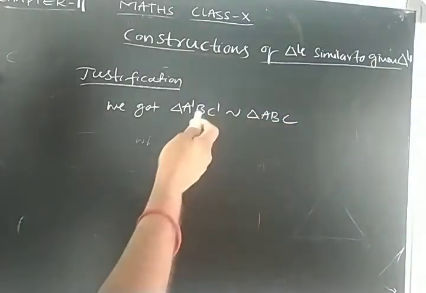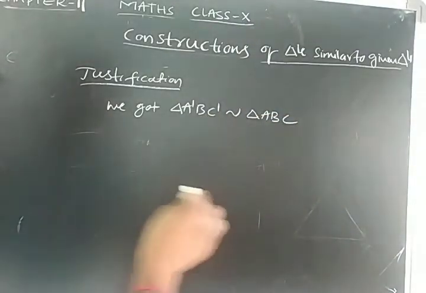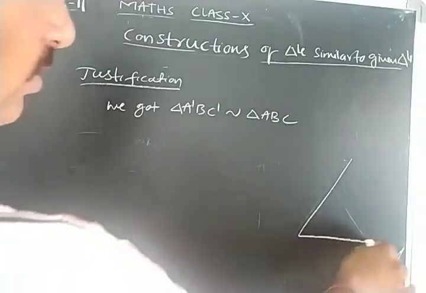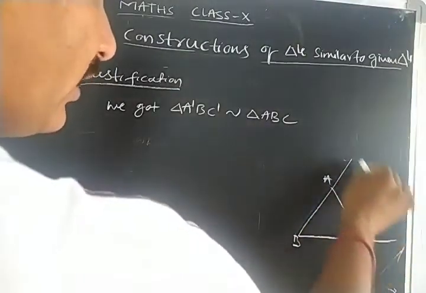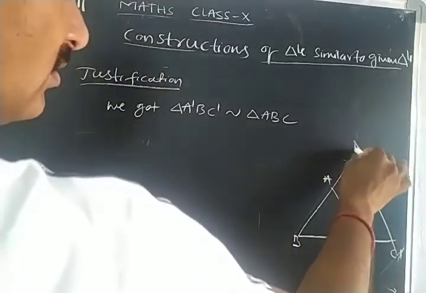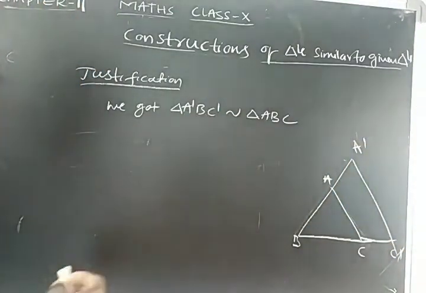This is the given triangle, this is the newly constructed triangle. Since they are similar, corresponding sides are in the same ratio.